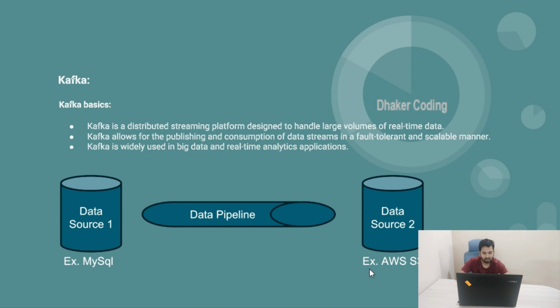Kafka is a streaming platform mainly designed to handle large volumes of real-time data. Kafka is fault tolerant and very scalable. Kafka is mainly used for big data and where we need real-time analytics in applications.